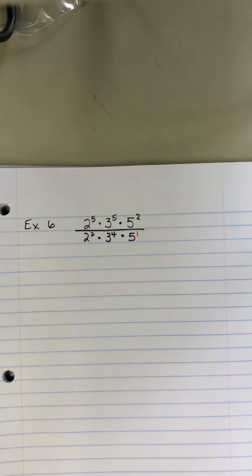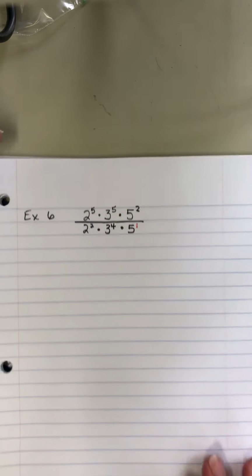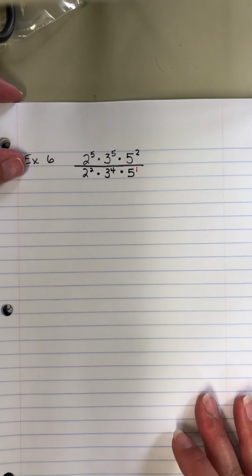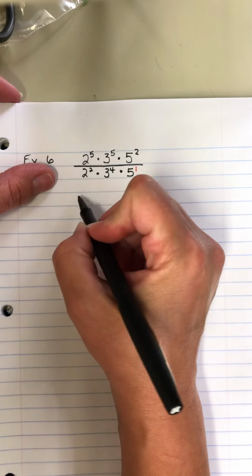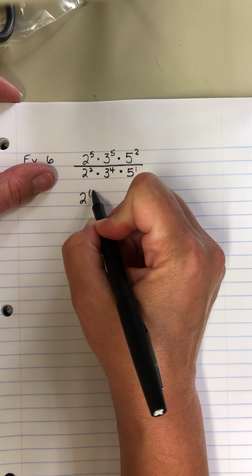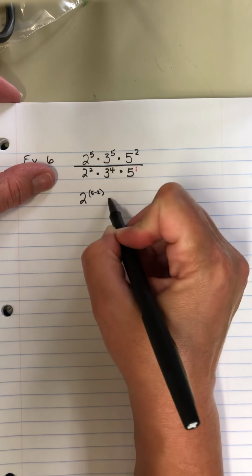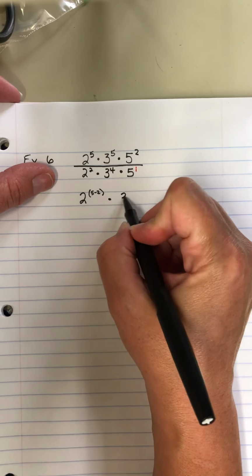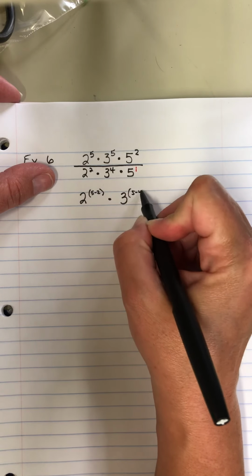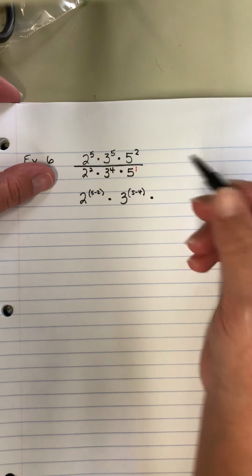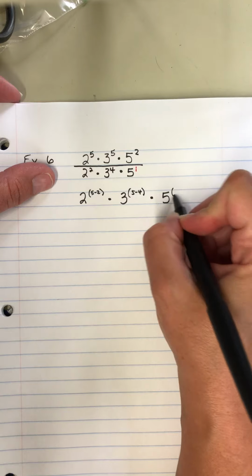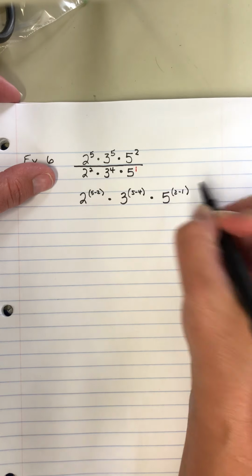I'm going to subtract these. If I were to write this all out, it would take up a lot of space. So what I'm going to do is turn these into my little subtraction problems. This is 2 to the 5 minus 2, times 3 to the 5 minus 4, times 5 to the 2 minus 1.